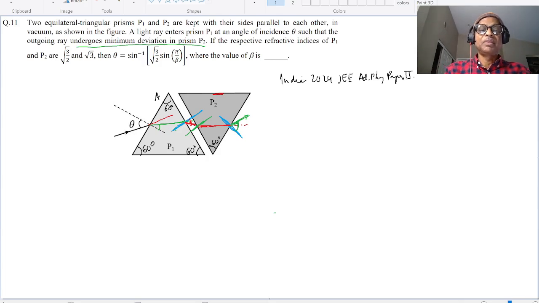So whatever this angle is going to be the same as that angle. We don't really need to work over here.